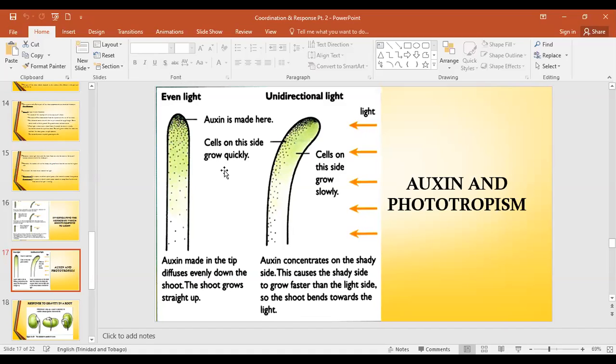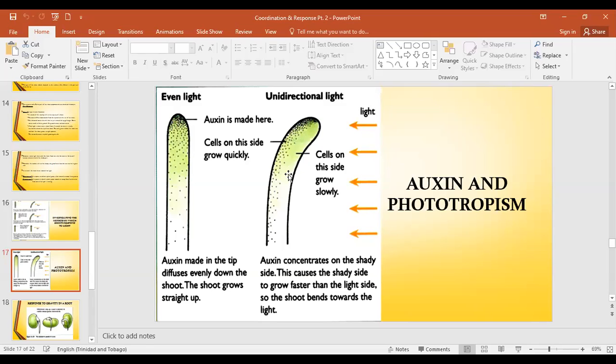But you would notice that some plants grow a little bit bent. This is because, again, the auxins move away from the light. Look here, this is not even light. The light is coming from this side only. The auxin is produced here, but because the light is on this side, it will only diffuse down on one side and away.